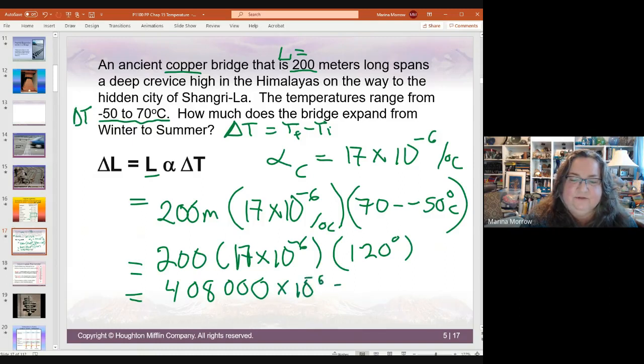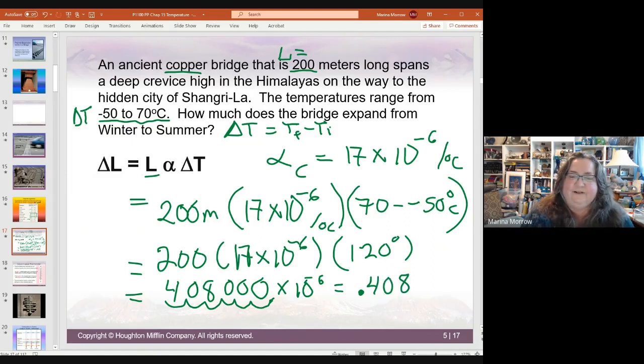So to figure out my better looking answer, I'm going to move the decimal point 6 times using my 10 to the -6. 1, 2, 3, 4, 5, 6. And now you can see this just comes out to be 0.408.